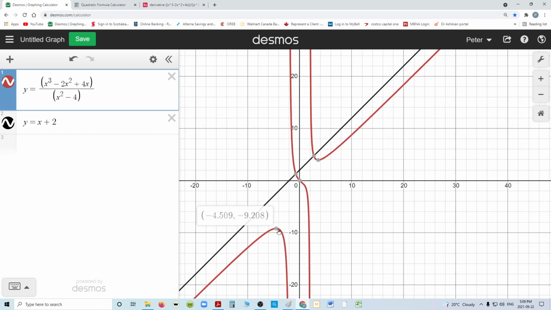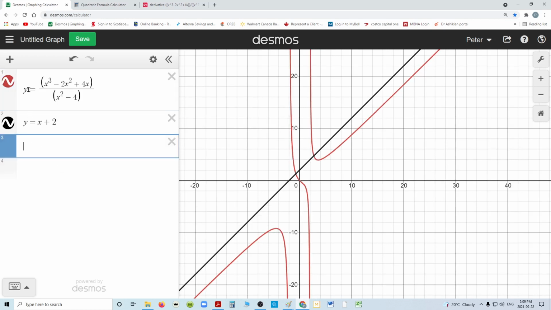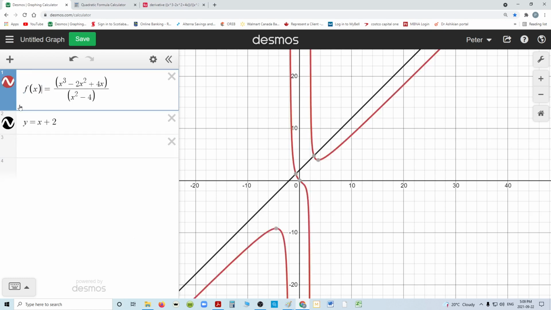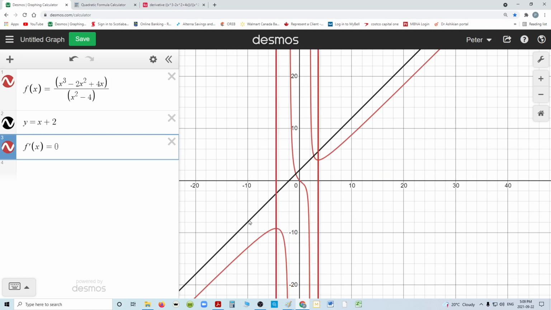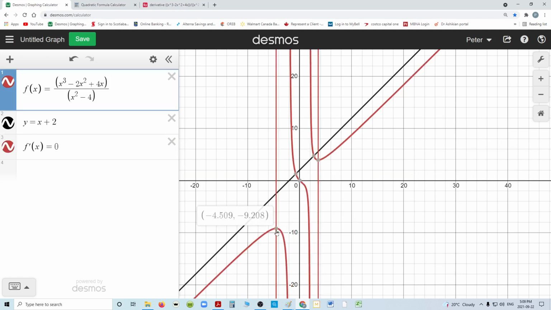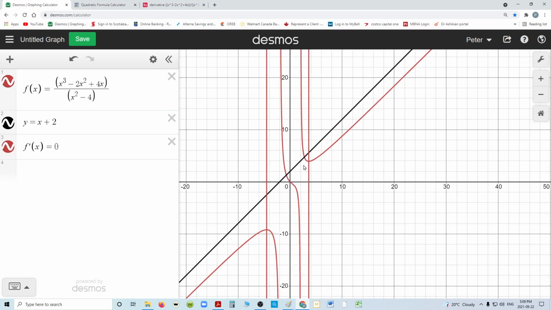I probably should have figured out the first derivative. So if I make this equal to f of x, and I take the first derivative, and I set it equal to 0, it will give me the max and min points. So, I mean, it's pretty hard to solve the first derivative of a cubic. Since there's no pure factors, you wouldn't be able to come up with a nice answer.